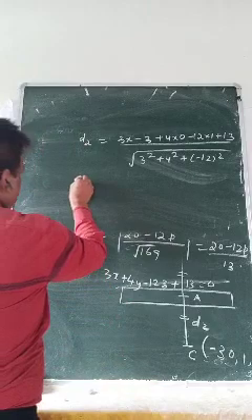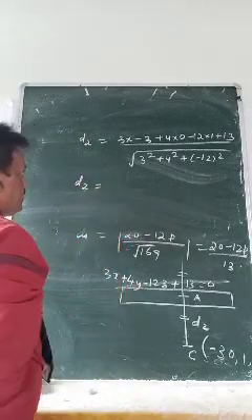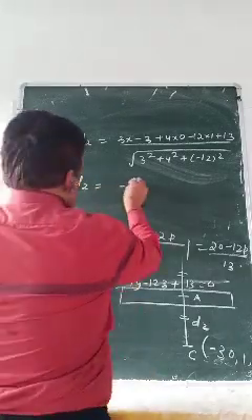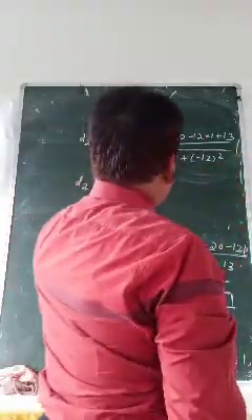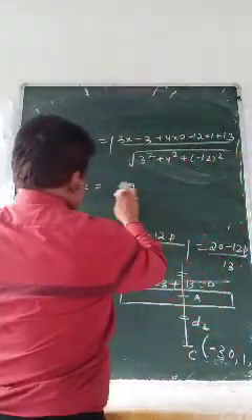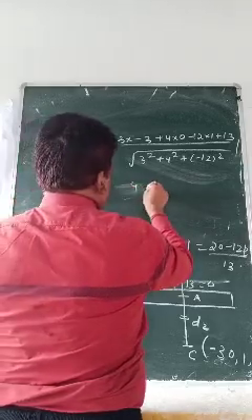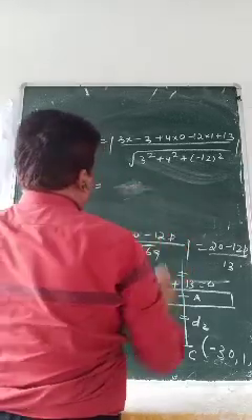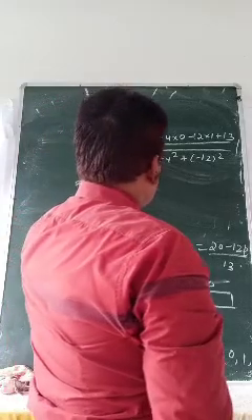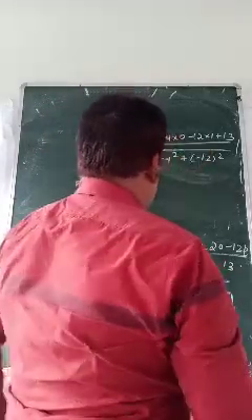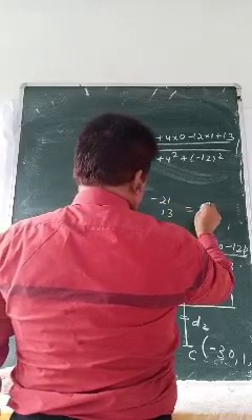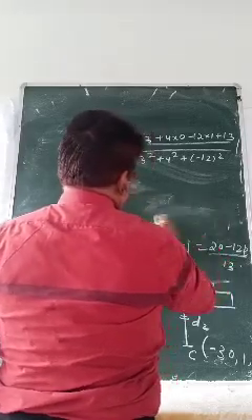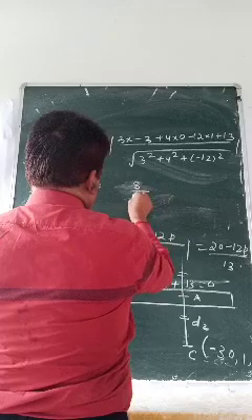So d2 equals minus 9, modulus is there, minus 9 plus 13, 4. Oh, there is a minus 9, minus 12, minus 21, then 13, 8. 8 by 13.